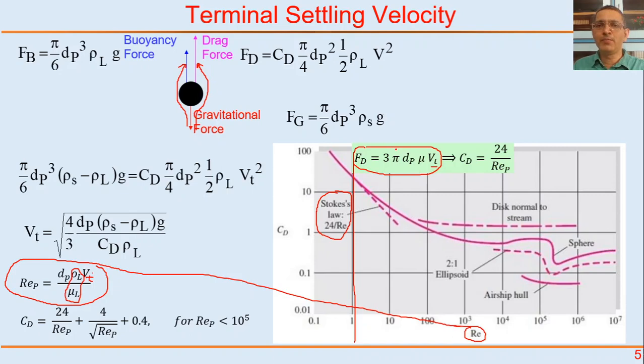If I divide this drag force, so 3 pi dp mu, it is mu of the liquid, by Pt divided by half rho v square and projected area. Projected area is pi by 4 dp square.